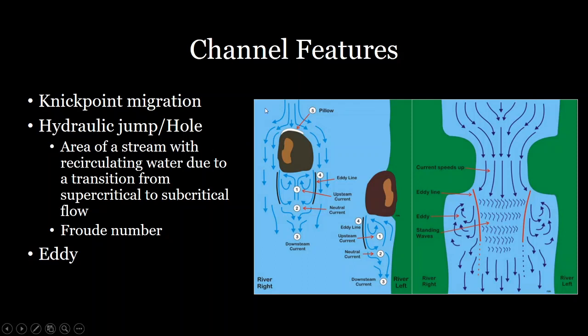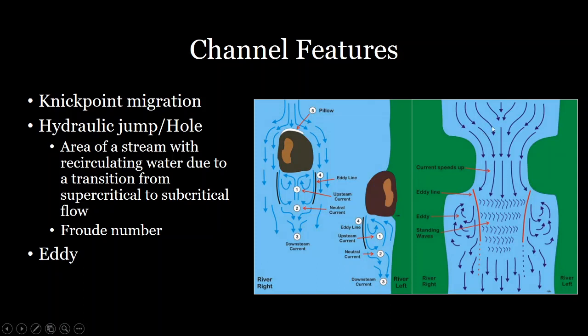For example, when you have a rock here that impedes the flow, then you have this void space that needs to be filled with water, and it diverts this water from the main channel, and it recirculates and flows upstream behind the rock. That line between that upstream flow and the faster flowing downstream flow is called an eddy line. You can still have that eddy line develop in a river that's widening.